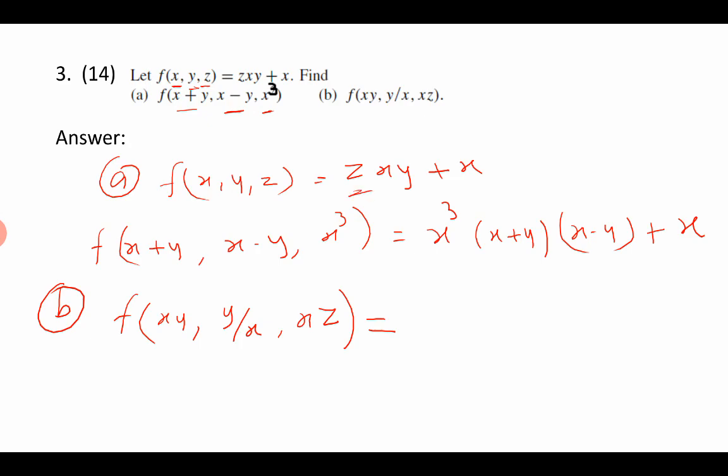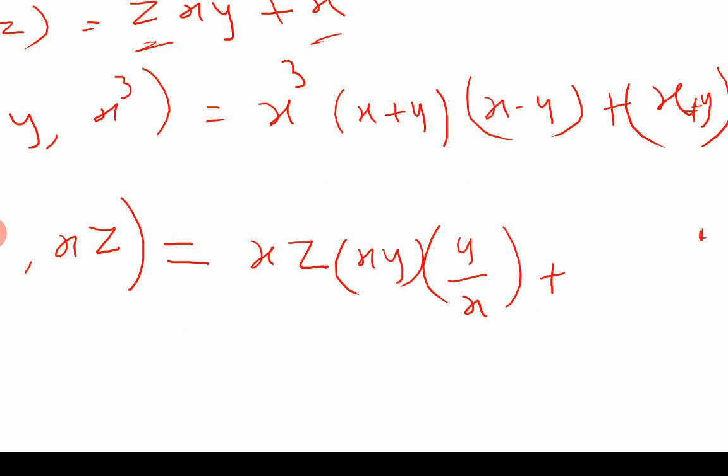In this, z will be replaced by xz, x will be replaced by xy, y will be replaced by y/x, and in the last term x is to be replaced by xy, so here it is xy.